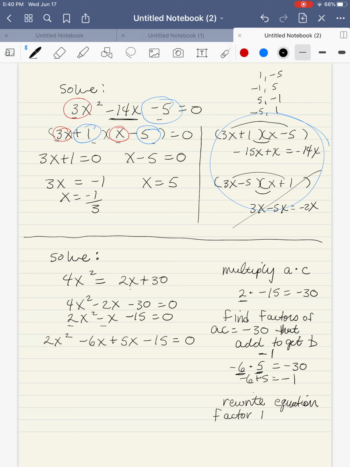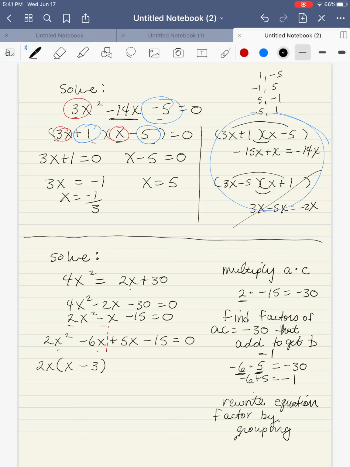And now what we're going to do is called factor by grouping. What factoring by grouping does is it says, okay, let's look at the first two terms and divide out anything that's common to both of those. So we look at 2x squared, we look at -6x, and we see that the largest possible common thing is 2x. If we divide out a 2x from 2x squared, we get x.